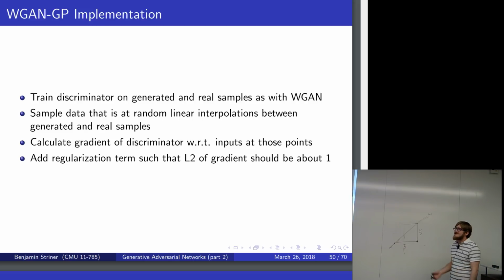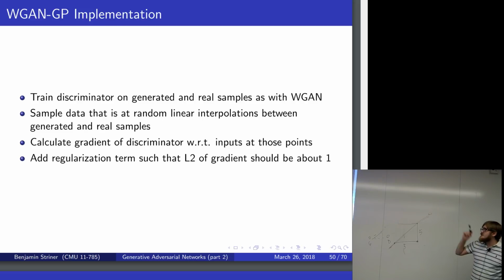What it's saying is, let's just look at the regions that are somewhere between our real and our fake data and make sure the path between real and fake is a nice, smooth line. And as long as that's guaranteed, then everything else is fine. So basically what you're doing is you're taking, here's your G and here's your D, and you're saying everything in between here, take those samples, and these should all be equal to 1s. And you're randomly sampling them on each iteration, and you're applying that regularization term.